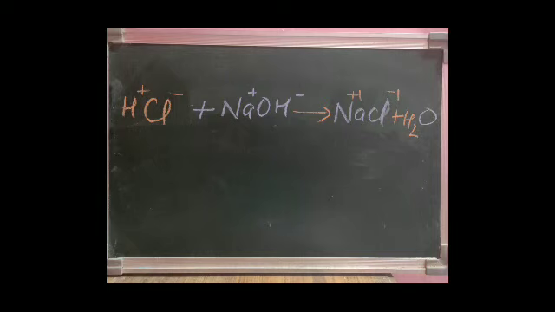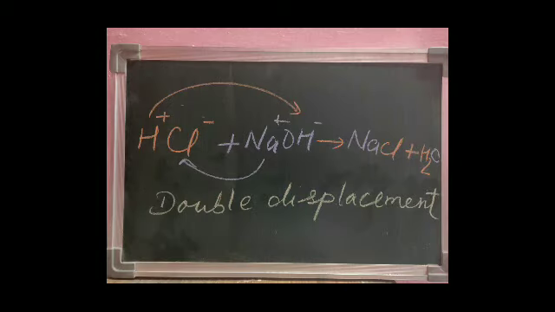these ions with opposite charges will attract each other. As you can see in this equation, the Na positive ion gets attracted towards the Cl negative ion and the H positive ion gets attracted towards the OH negative ion, and in this way they displace each other.